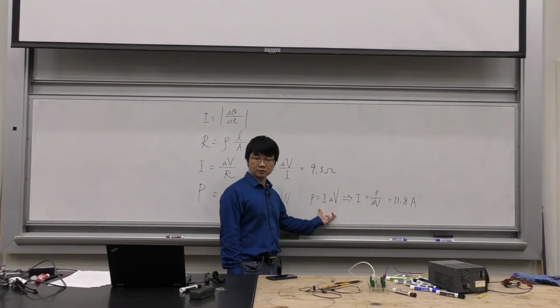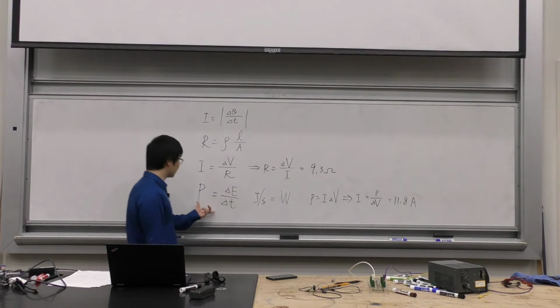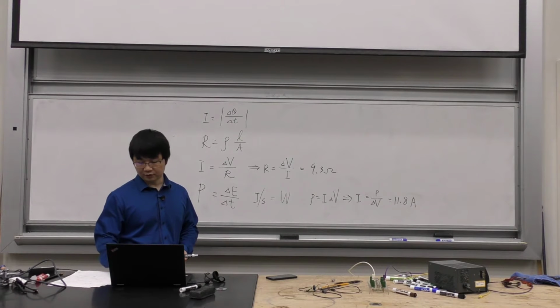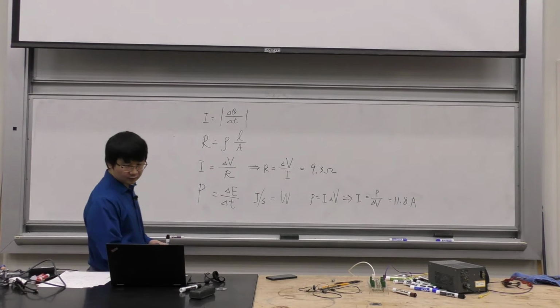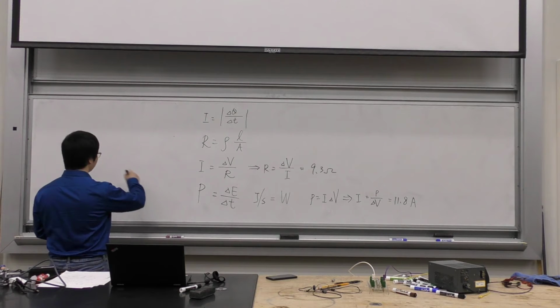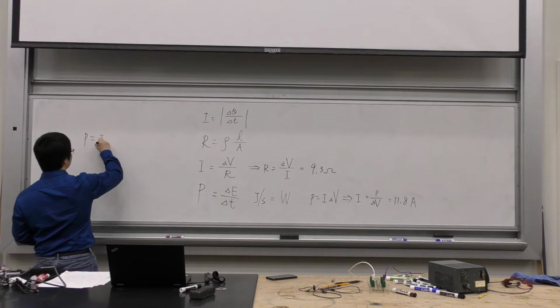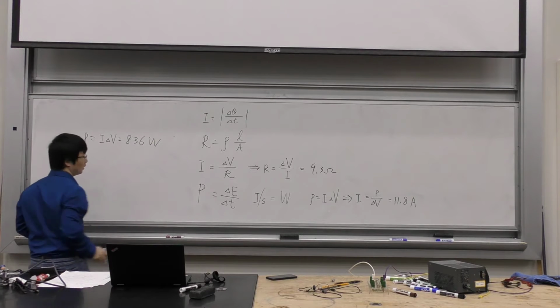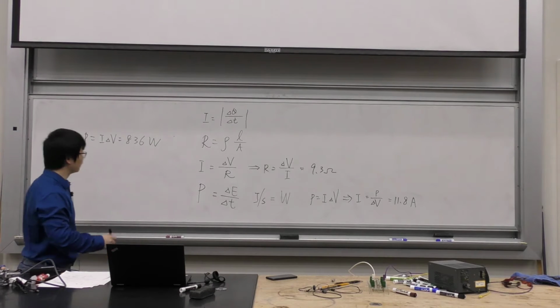You use this equation, right? Find the power, and then use the general definition of the power to find the heat it generates in 3 minutes. Okay? So what are the numbers? The numbers I got, that's very straightforward. You still do power equals I times V. That's 836 watts. And then you rearrange this equation.